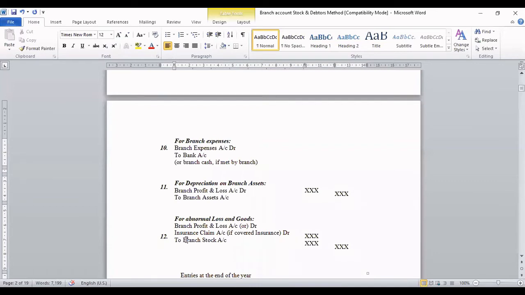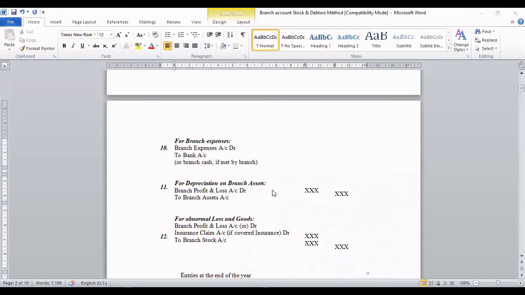So branch P&L account debit, insurance claim account debit, whatever amount you are getting from insurance, and to branch stock. Is this clear, everyone? Yes or no? Any doubt, any confusion? No, sir.